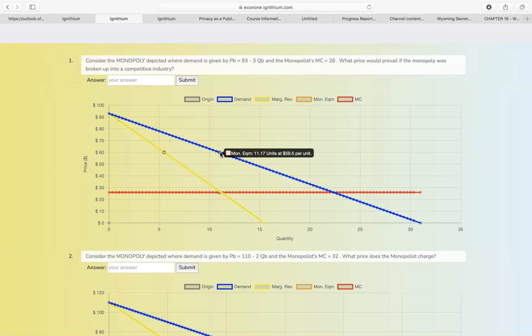So under competition, there wouldn't be any producer surplus, but under monopoly there would be. That's kind of the little wrinkle. But other than that, I think the assignment is pretty straightforward.